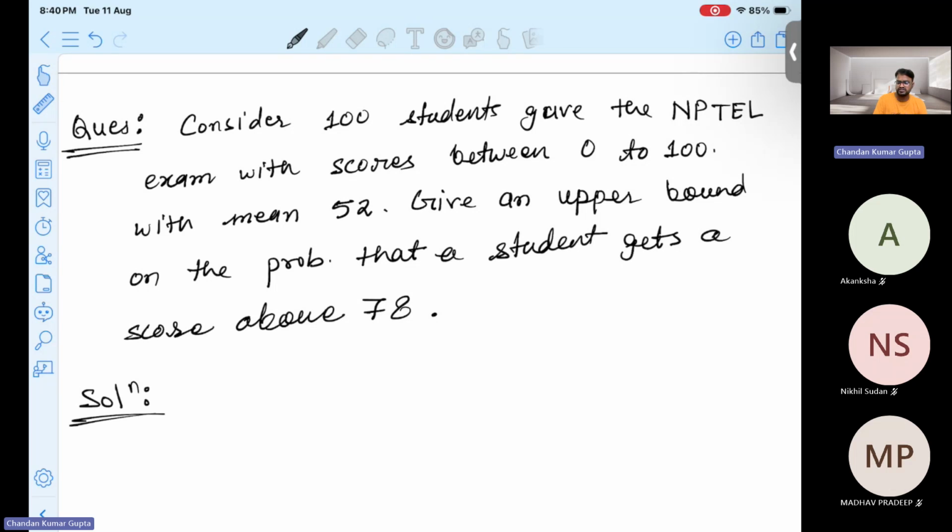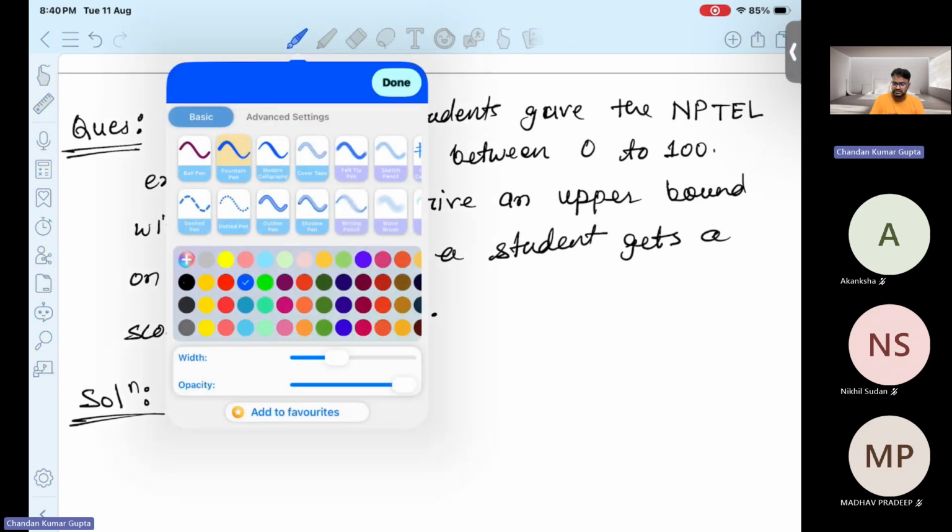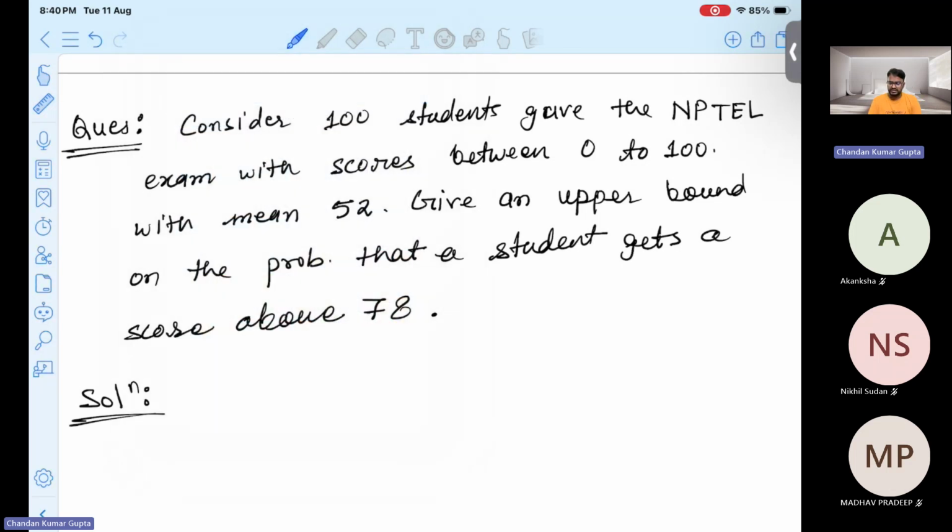See here, what we are given, you can obviously read the question, we are only given the average value of the exams and nothing else. We do not have any knowledge of which kind of distribution it is, how the marks are distributed, like more marks less than 52 or more than 52.